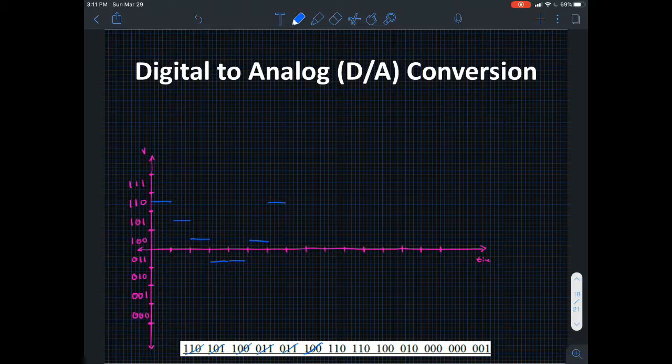So come up here, followed by another one. And then 1, 0, 0. 0, 1, 0. So that's all the way down here. There. And then all the way down to 0, 0, 0. So that is right about there. 0, 0, 0. And then 0, 0, 1.